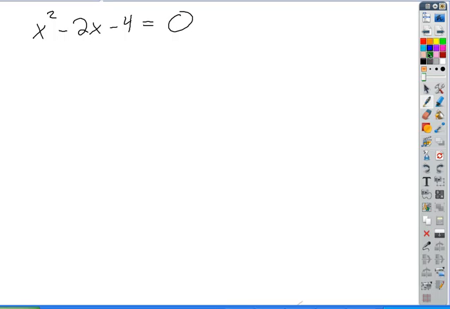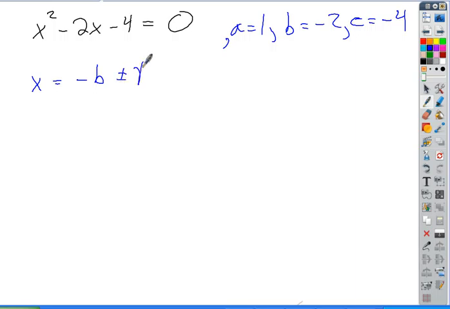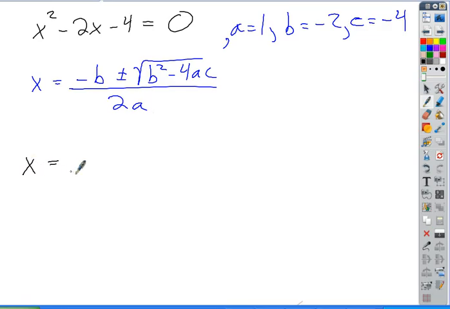What's A? What's B? 2. What's C? Okay, keep going. Okay, so what do we get in the top of the quadratic formula then?